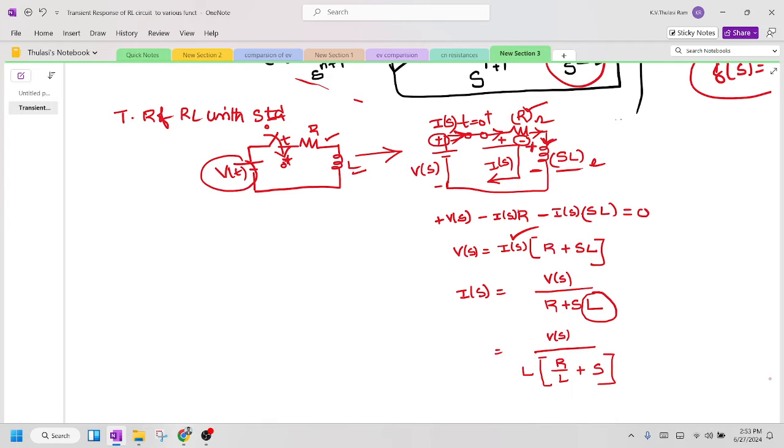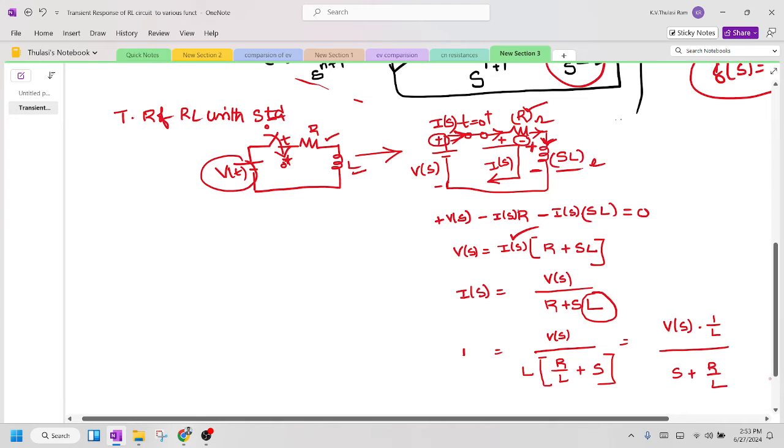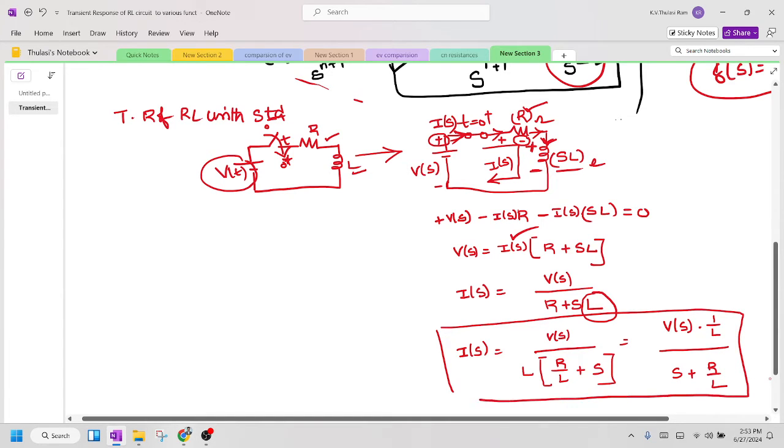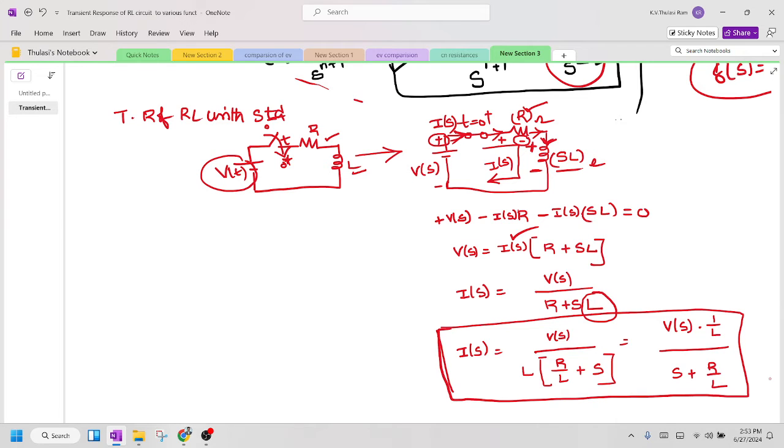If you shift L to the numerator, you can write V of S into 1 by L divided by S plus R by L. So this is the current equation I of S. If you remember this equation, we can apply it for all the standard test signals.